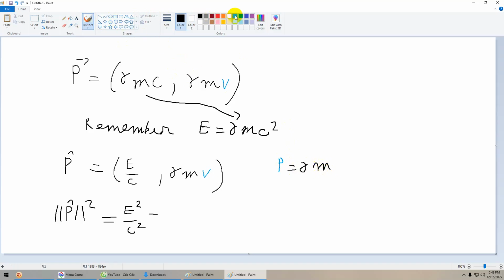The v I write in another color just to make sure that we keep in mind that it's the sum of three-velocity. So we can write the momentum here square, and tada, we have completely derived the Einstein energy relation.